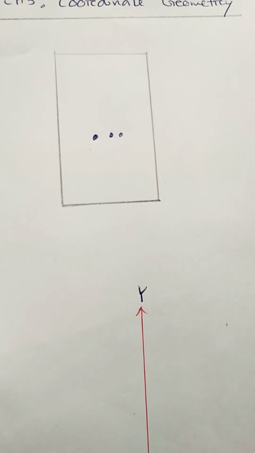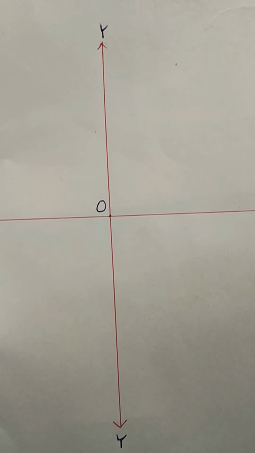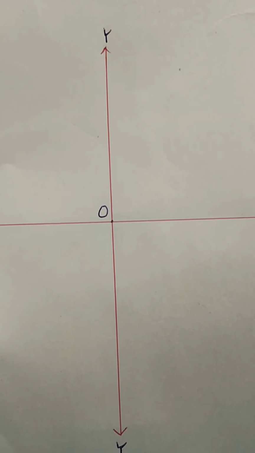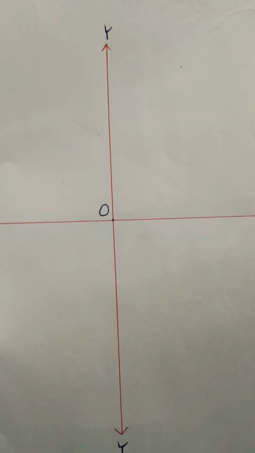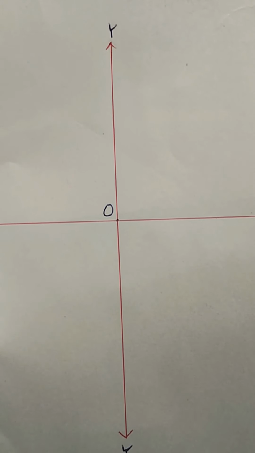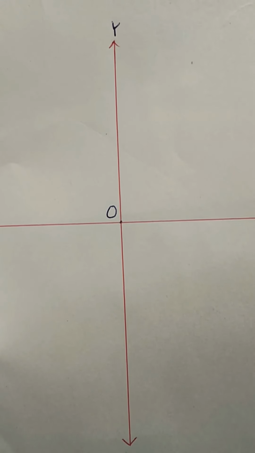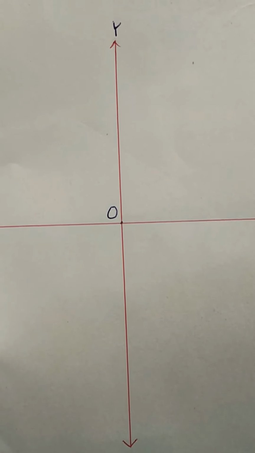Now, to locate the position of a point in a plane, we need reference of two perpendicular lines where one line will be parallel to horizon and one line will be perpendicular to the horizon.